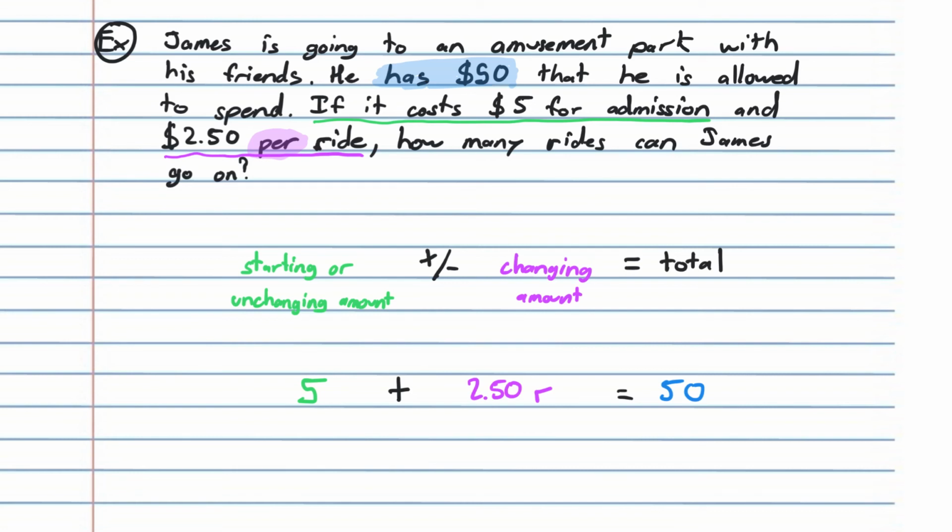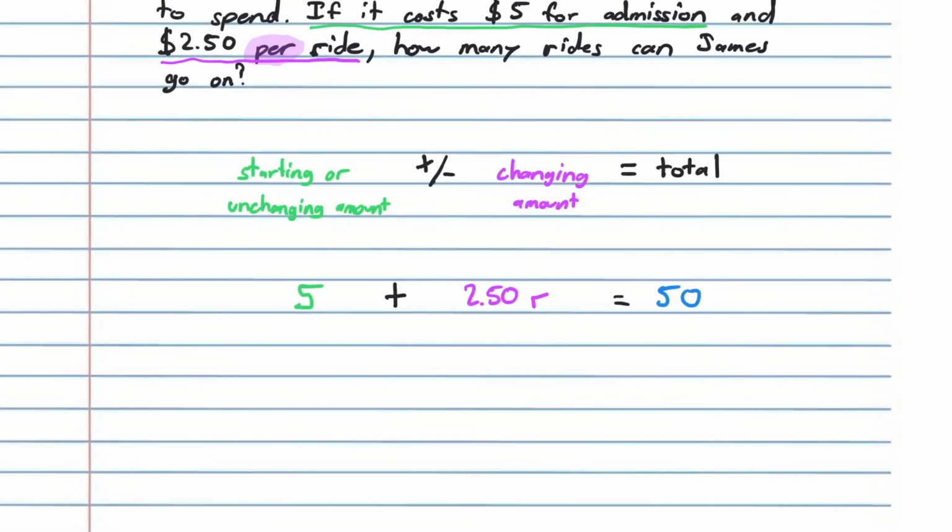We can solve this pretty easily. Let me scroll down a little bit. If this was our equation, we could start by getting rid of that 5. Let's subtract it from the other side. The 5s cancel out, and we're left with 2.50R.